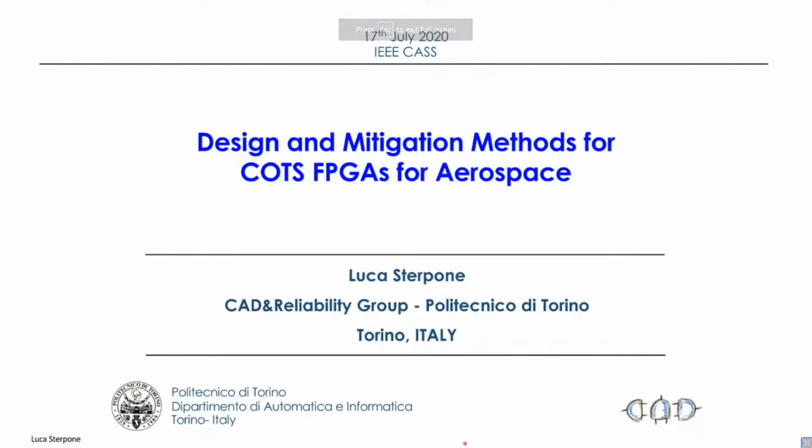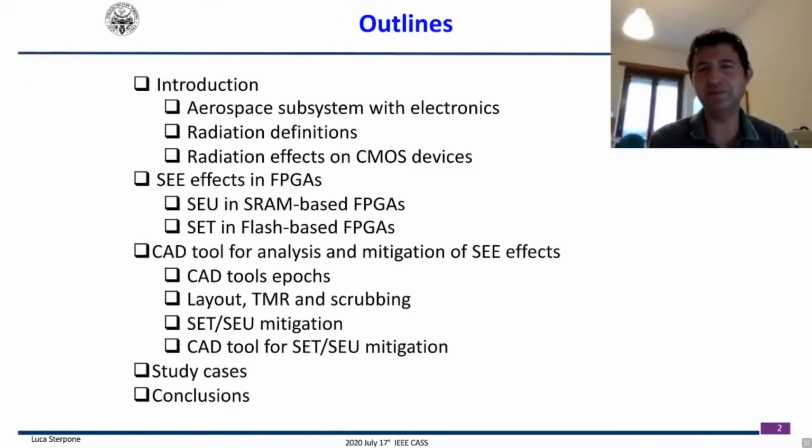So my talk today will investigate several aspects. I will first give you an introduction about the context, so what aerospace and electronics in aerospace are, with the considered radiation environment. Then I will go through the single event effects, especially upsets and transients, on two major technologies used for FPGAs.